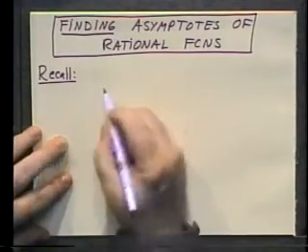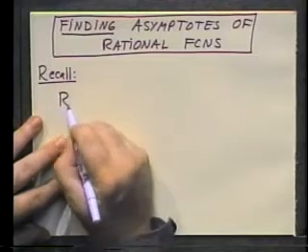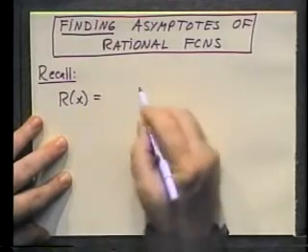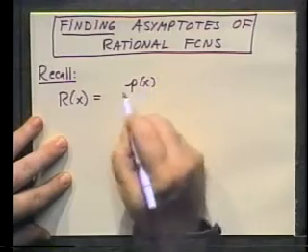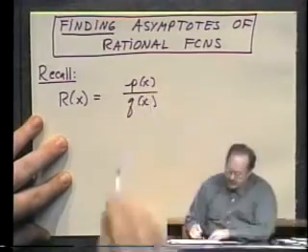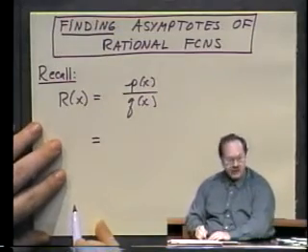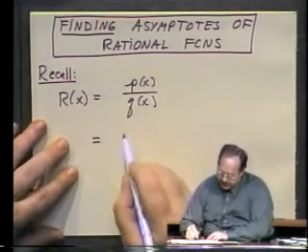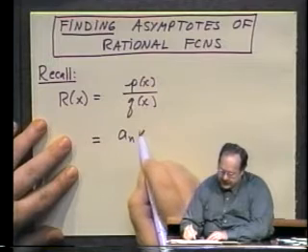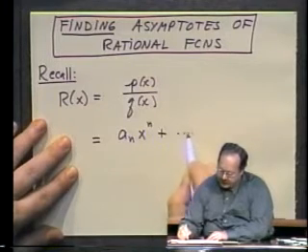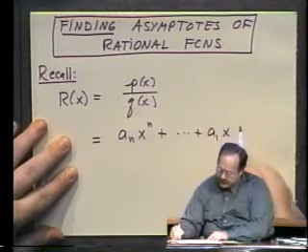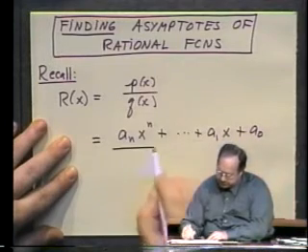Recall that R of x, which is what we're letting stand for rational functions, we have written as a p of x over a q of x, both of them polynomials. And let's get a little more specific now by actually writing out polynomials for them. So the top one maybe is a_n x to the n plus all the way down to a_1 x plus a_0.